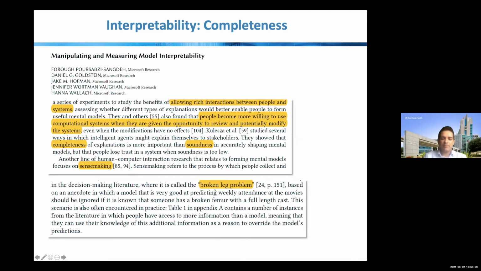This is the classic example where you have an AI algorithm that is able to predict when Jack goes to see a movie. The algorithm does a very good job, but it just doesn't know that Jack has a broken leg and cannot go to see a movie this week. This is known as the broken leg problem. We see that problem quite often in AI.